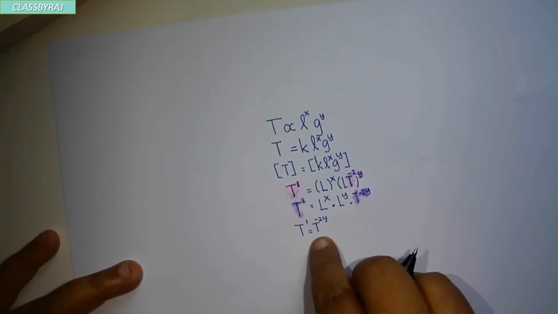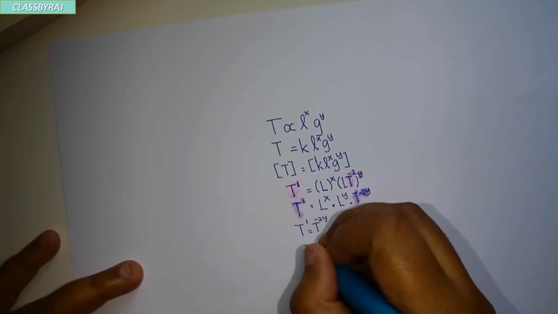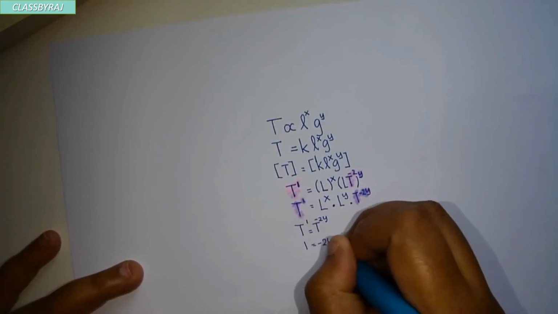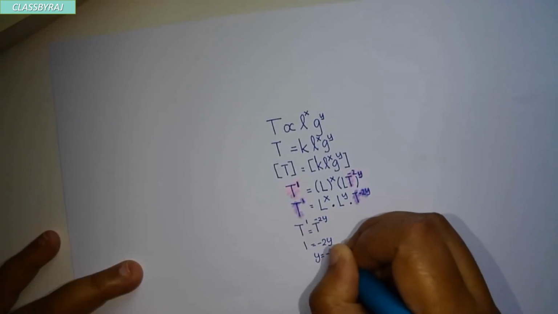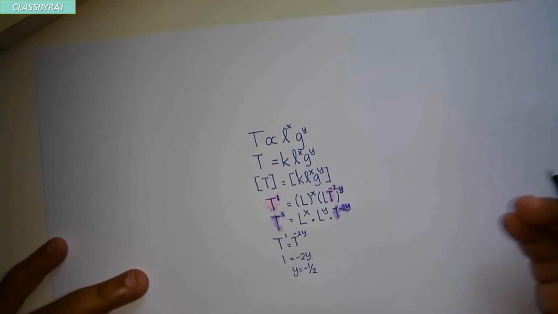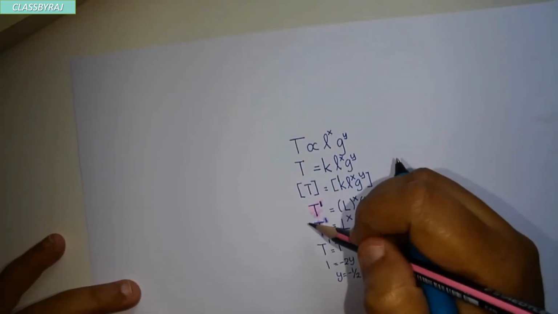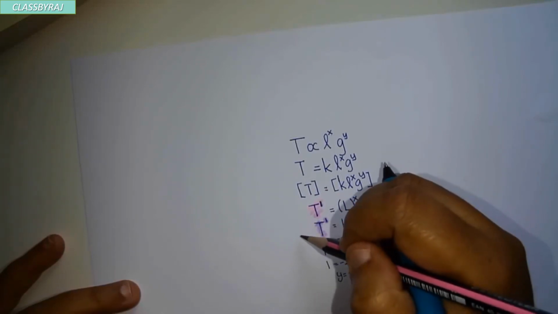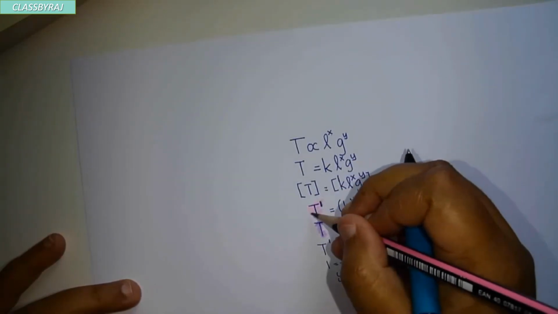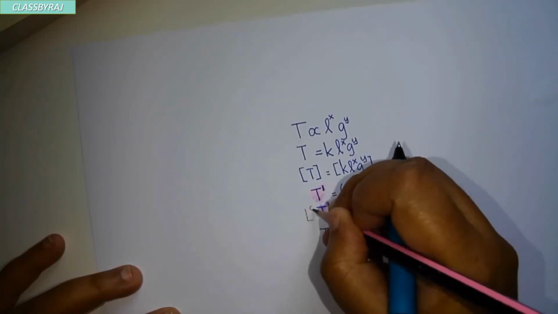We bring all the bases together. In maths, when the bases are the same, the indices will be equal. So 1 equals -2y, and y is -1/2. And then for L, this side of the equation has no L, so it's considered to be L to the power of 0, correct?